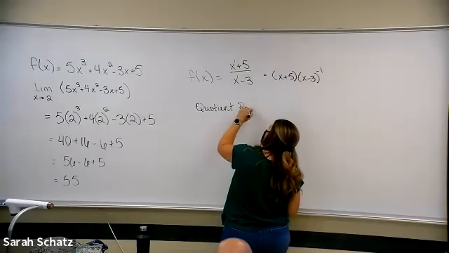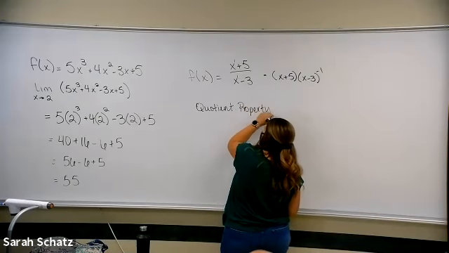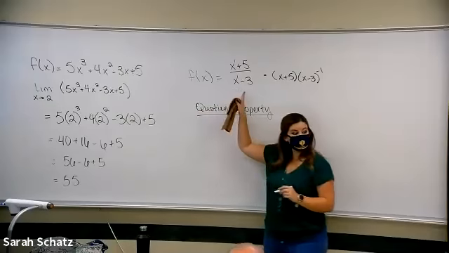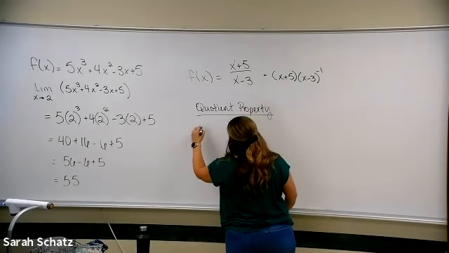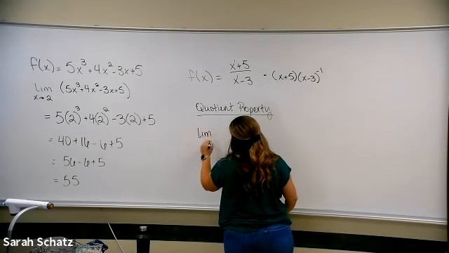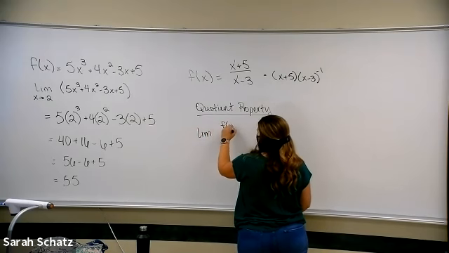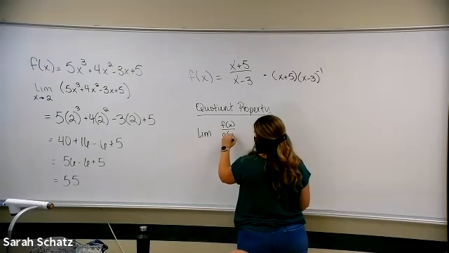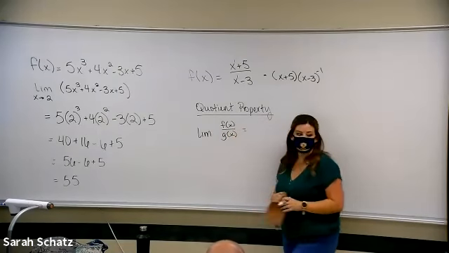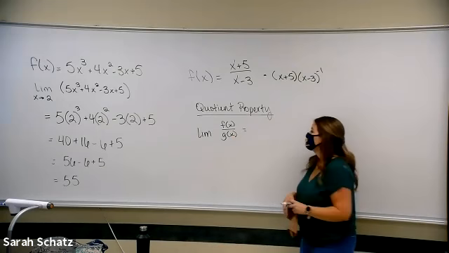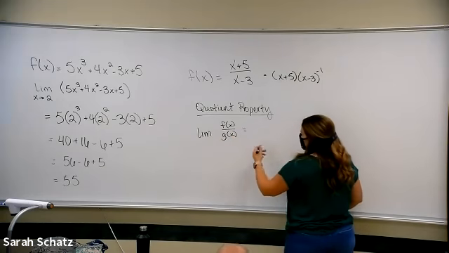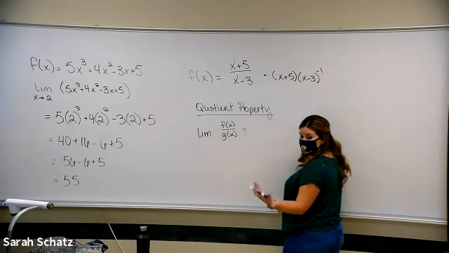When it's not polynomial, you have to use properties. I have a quotient here, so I'm going to use what we call the quotient property. That is the limit of a function over another function. It's not polynomial, so I couldn't just stick it in, so I have to rely on a property. It's exactly what you think should happen, just like the product rule did.